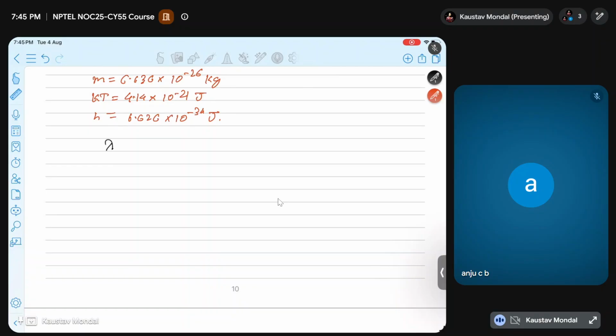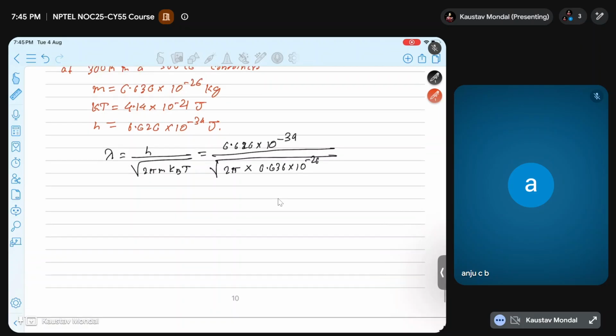So lambda is h by root 2 pi m kBT. h is 6.626 into 10 to the power minus 34, whole thing divided by 2 pi into 6.636 into 10 to the power minus 26 into 4.14 into 10 to the power minus 21.